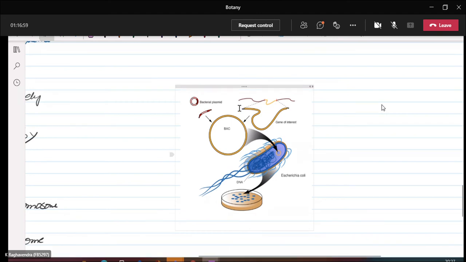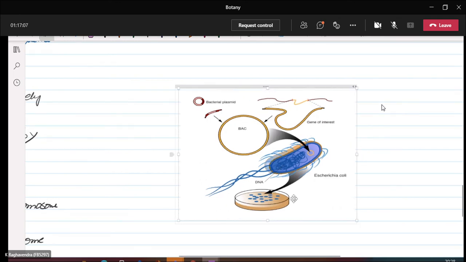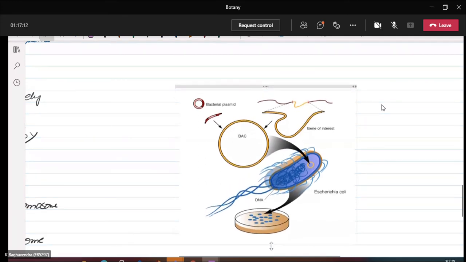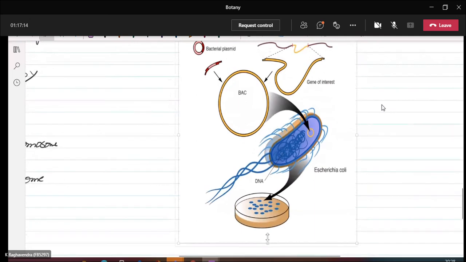Can you look at the diagrammatic representation here? Is this visible? So here, this is the gene of interest, meaning the desired fragment. And this is a bacterial plasmid.